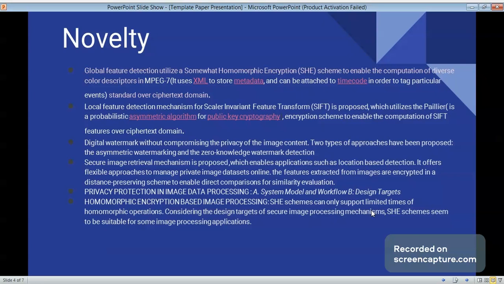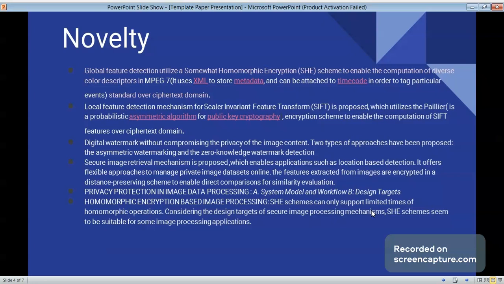And if I talk about digital watermarking, two concepts were discussed. The first is asymmetric watermarking, the second is zero knowledge watermark detection. Basically, during the processing of the watermarked image, we can separate the digital watermark from the actual image, perform all the computation tasks on the image, and after getting the result, we can impose the digital watermark again.